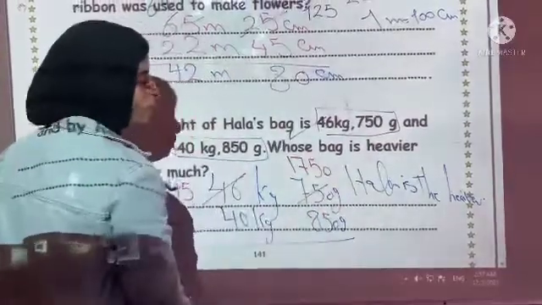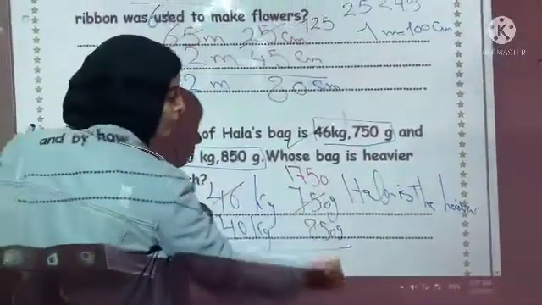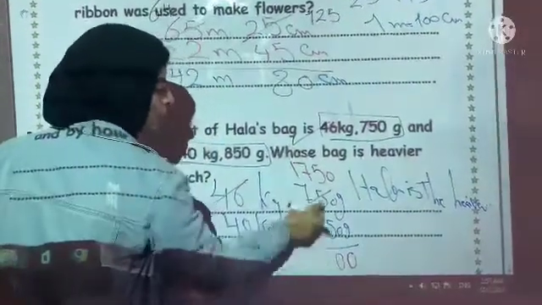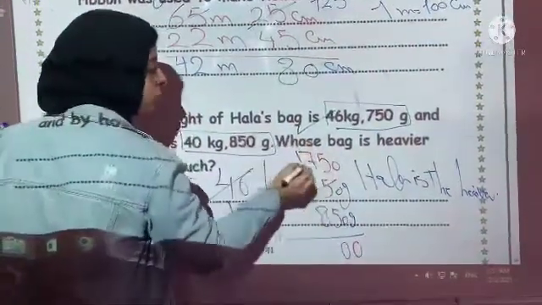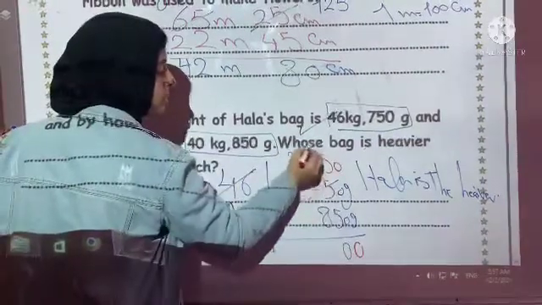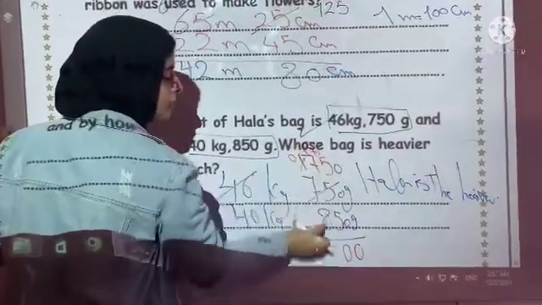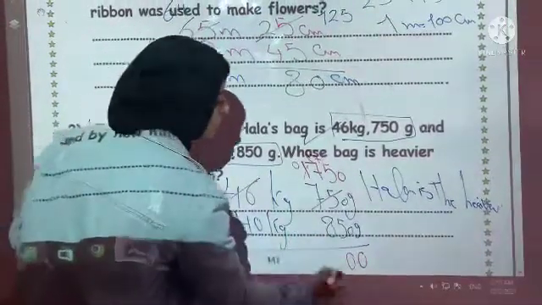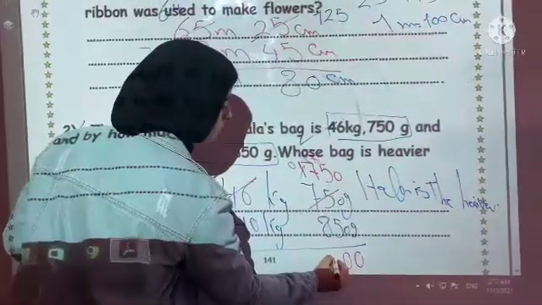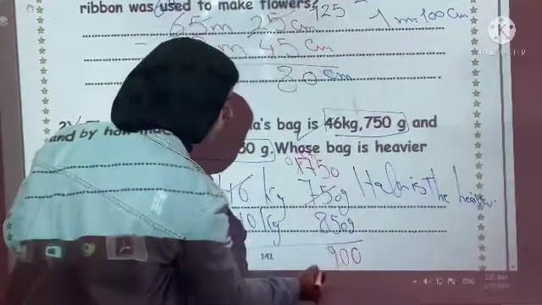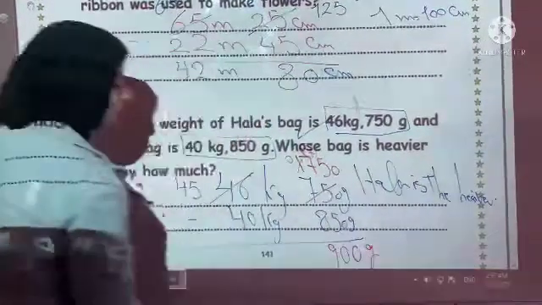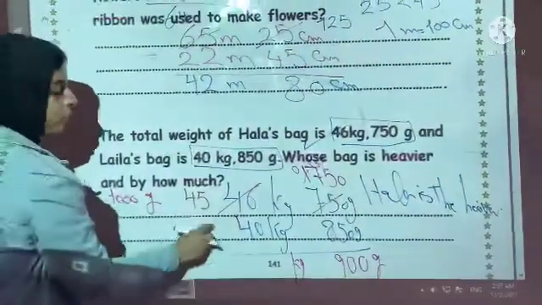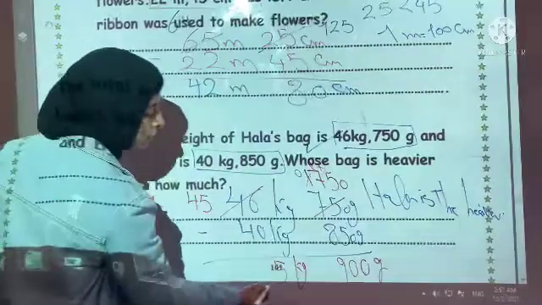Let's subtract now. 0 minus 0 is 0. 5 minus 5 will be 0. 7 minus 8 doesn't work, so I regroup: this 0 becomes 1 and this 7 becomes 17. 17 minus 8 is 9. Then 45 minus 40 will be only 5 kilograms.